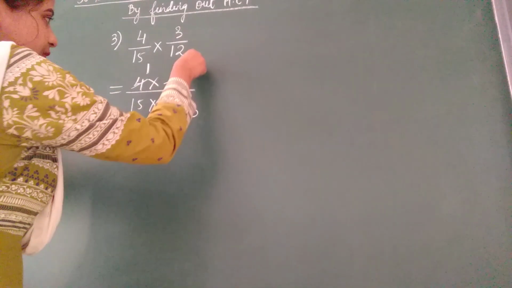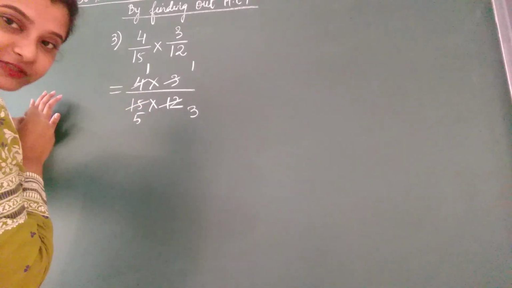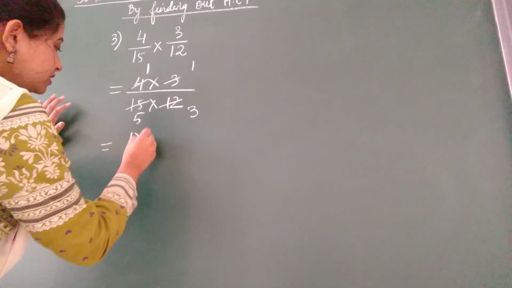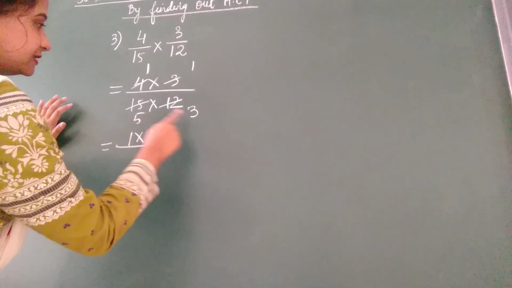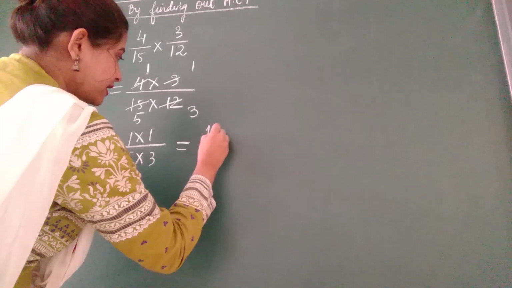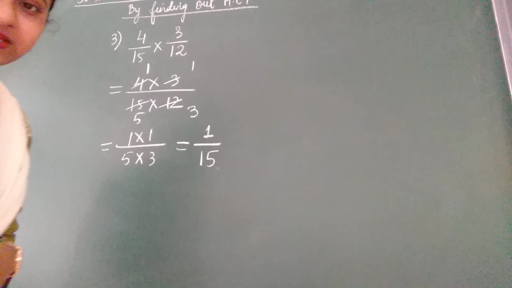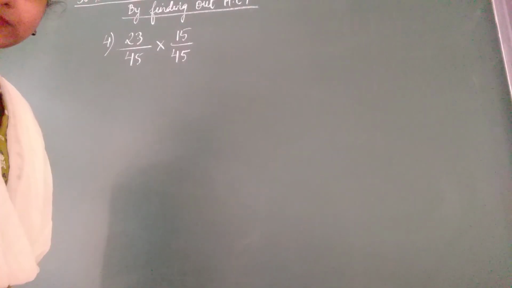And then 3 ones are 3. 3 fives are 15. So in the numerator we have 1 into 1. In the denominator we have 5 into 3. So 1 into 1 is 1 and 5 into 3 is 15. So here's the answer.